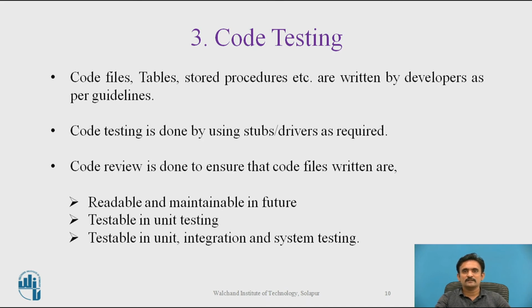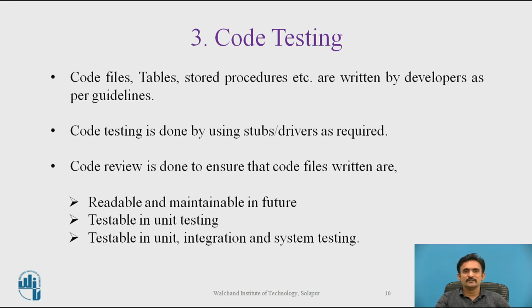Code testing is done by using stubs and drivers as required. And also here code review is done to ensure the code files are readable and maintainable in future, and that there are adequate comments available. The next one is testable in unit testing.